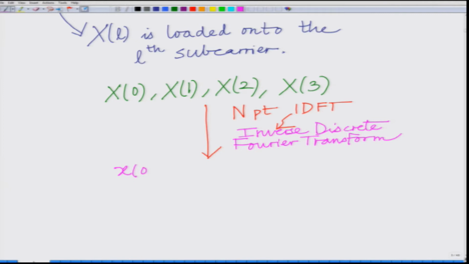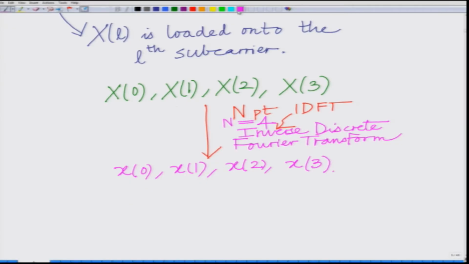This gives the IDFT samples, the small x's: small x0, small x1, small x2, small x3. So, in this case you have a 4 point IDFT. You take the symbols capital X0, capital X1, capital X2, capital X3 and load them onto the subcarriers by taking the N point IDFT.